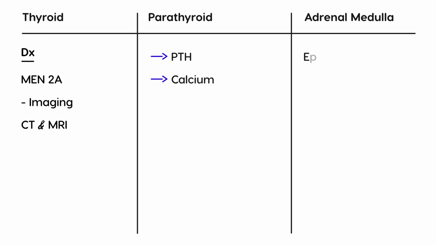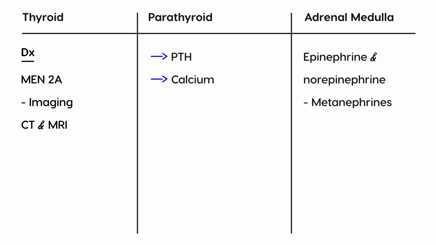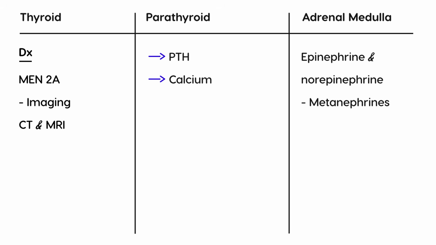The adrenal medulla releases epinephrine and norepinephrine, and these can also be measured. Another thing you can measure is the breakdown products, or metabolites, of these two catecholamines, known as metanephrines, and these can be measured as blood tests or even urine tests. So that's a brief listing of the diagnostic workup.